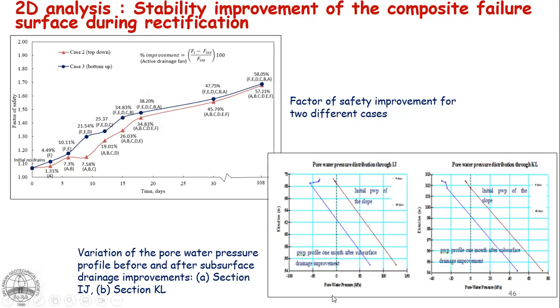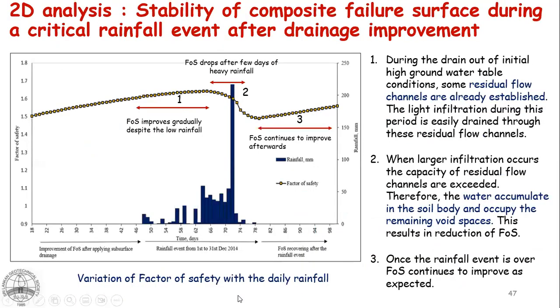So this shows how the initial pore pressure would drop down with the installation of the drains at different levels. This research study was done as a master's research, making use of the data available from the project. In the project, we did implement the subsurface drainage measures, but these analyses were done subsequently with that data, right?